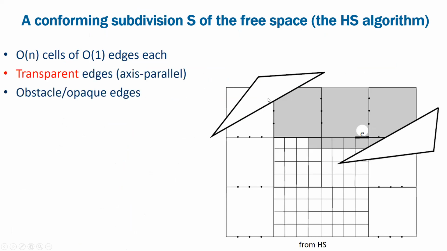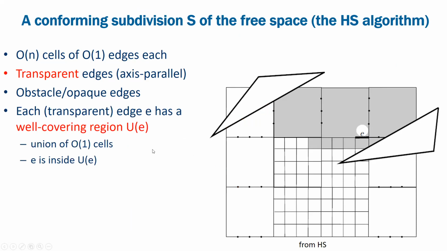There are two types of edges: transparent edges, which are the edges in the free space, and opaque edges, which are edges on an obstacle. Each transparent edge, like this edge E, has a well-covering region in this gray area. This region has order n cells, and E is inside this region.